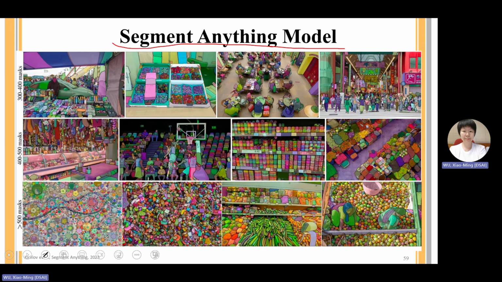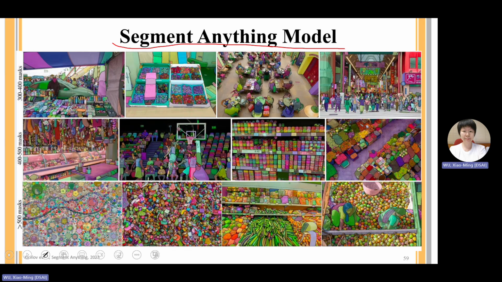You can just search for this model on Google, and I believe it's now version 2 or version 3.